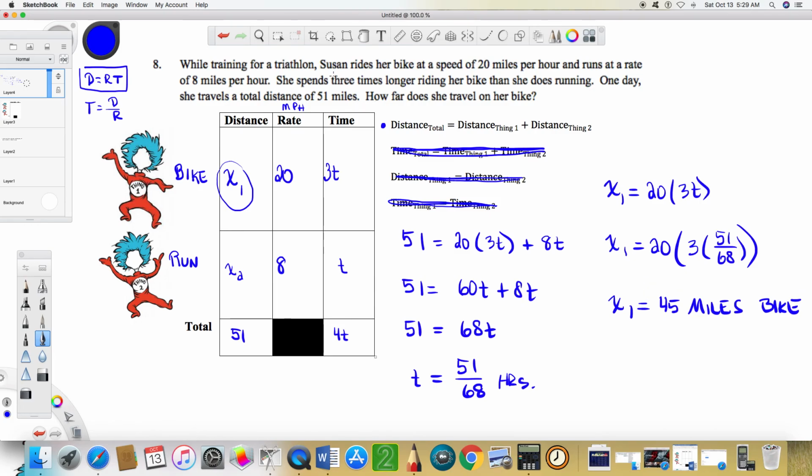And then if the total distance is 51, she's only running 6 miles. Well, I say only, but this is what it wanted.